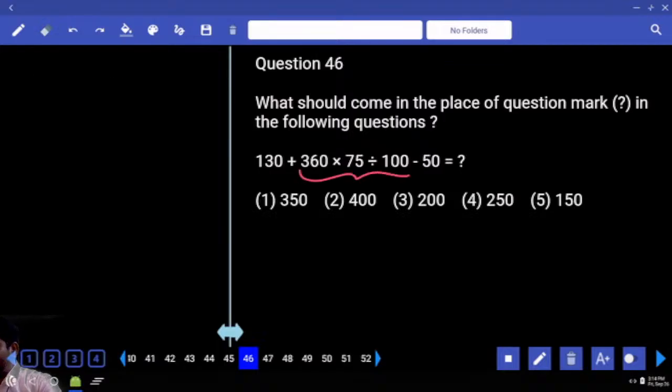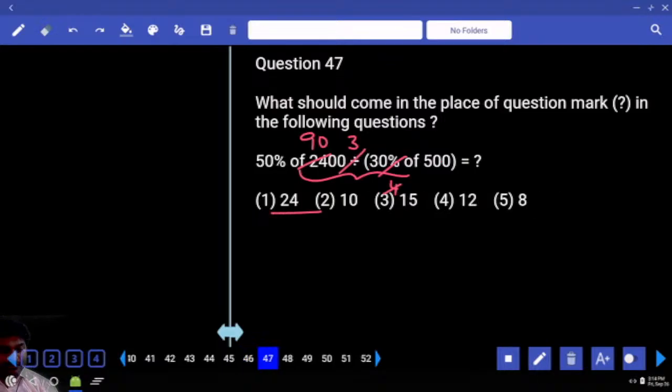Let's first calculate this because we have multiplication and division here. 25 3 times. 25, 4, 93s, 270 plus 130, 400 minus 50, first option.